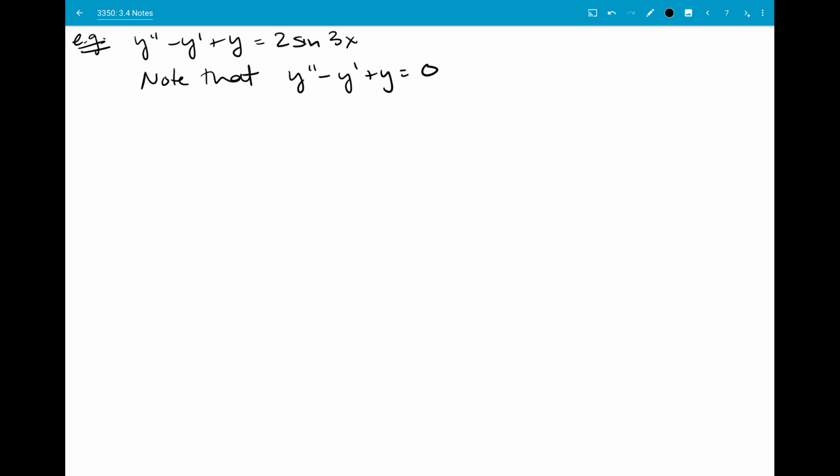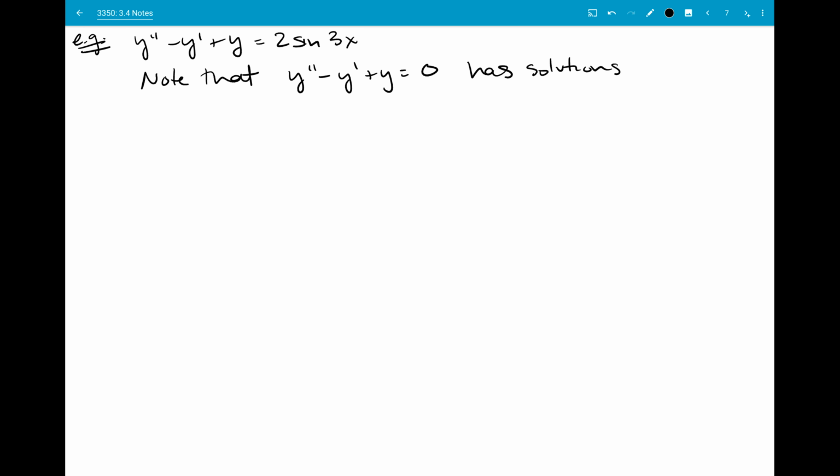Let's see, something with sines and cosines would be good. Here we go. Now we're going to try to solve y double prime minus y prime plus y equal to 2 sine 3x. To solve this problem, first you would solve the homogeneous case, y double prime minus y prime plus y equal to 0, using methods from last class.